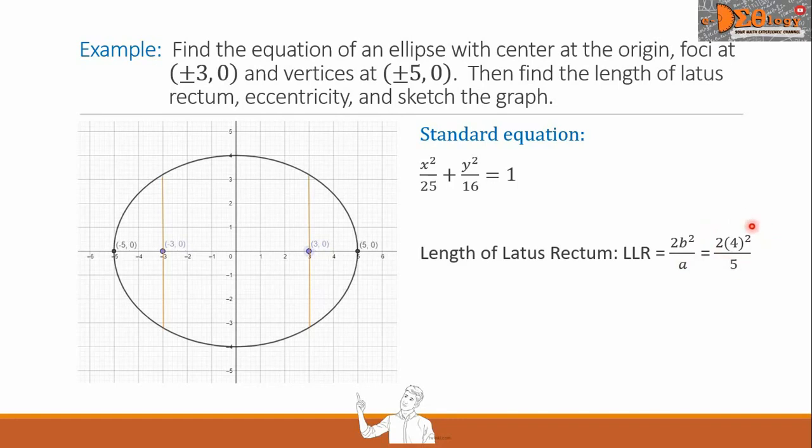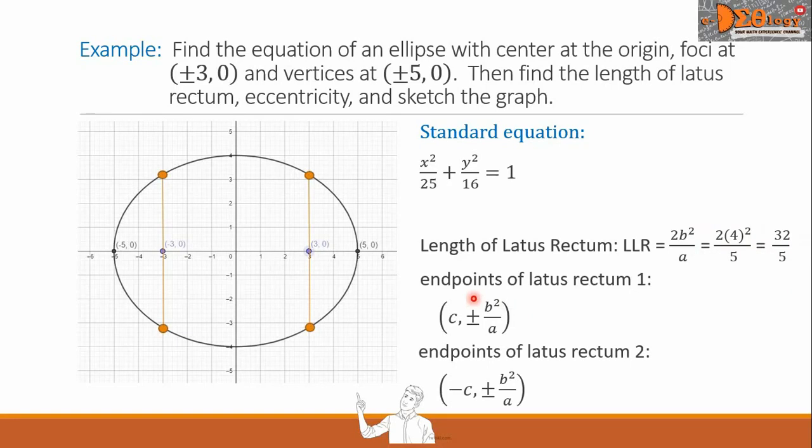Simplifying the numerator, we have 32 over 5. This is the length of the latus rectum. Now, the endpoints of this first latus rectum can be solved by this formula. Also, for the endpoints of the second latus rectum, the formula is here.